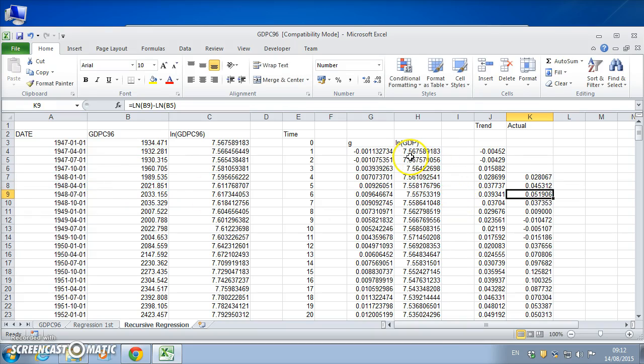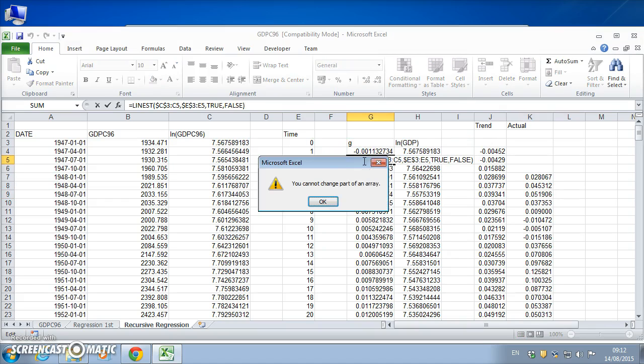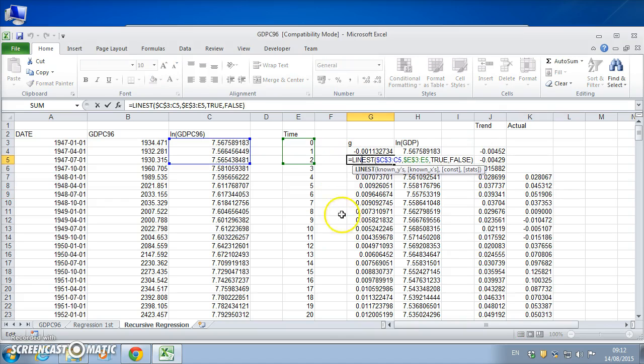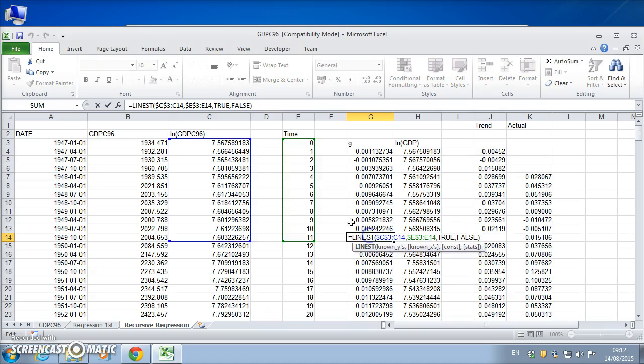Whereas the trend is generated from the growth rate, but the growth rate is estimated where the cell reference for the first cell is always locked. So it's not really so much rolling, whereas this is rolling. This is probably better described as being recursive.